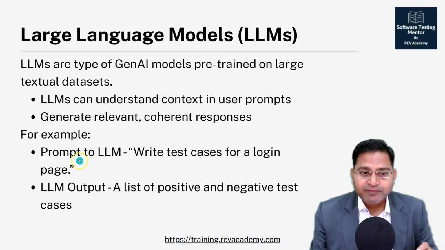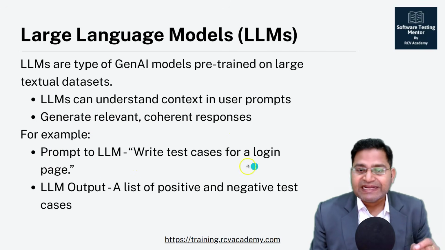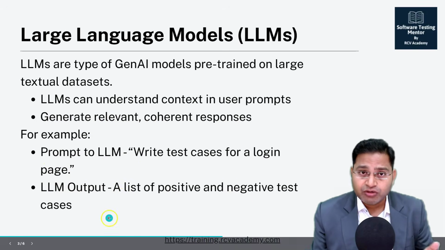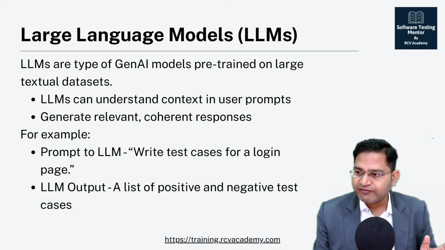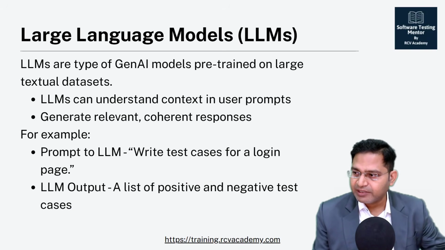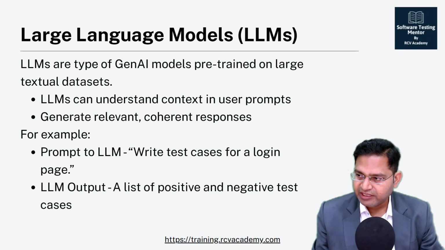If we take an example, if I say prompt to the LLM, write test cases for a login page, then LLM will go ahead and list the positive and negative test cases or security and performance test cases for the login page or login functionality. Now if I take an example of the large language model, let me pull up these AI assistants.